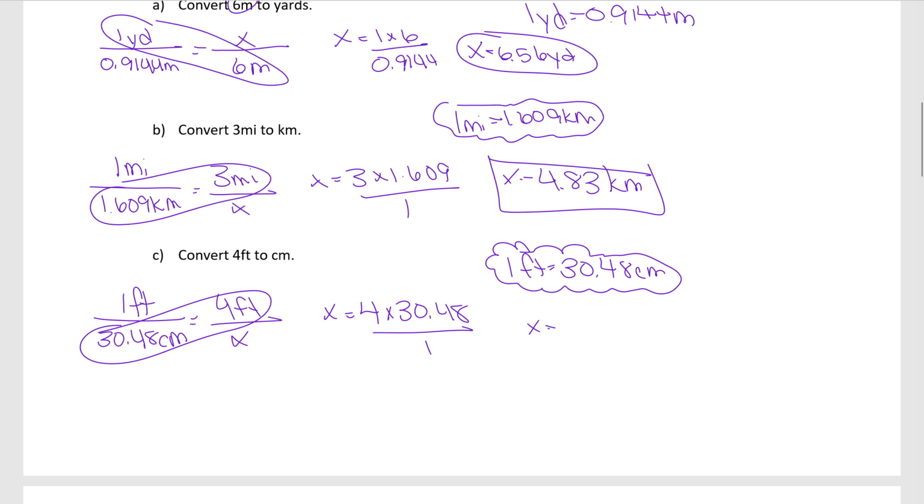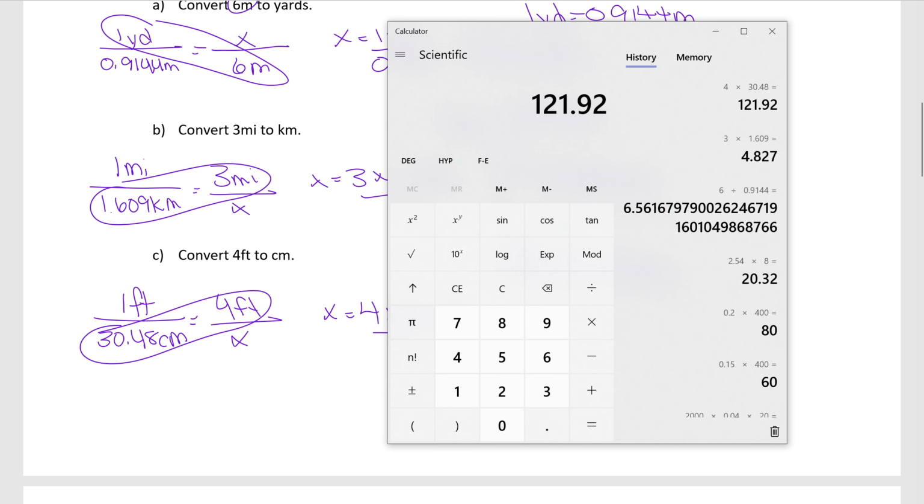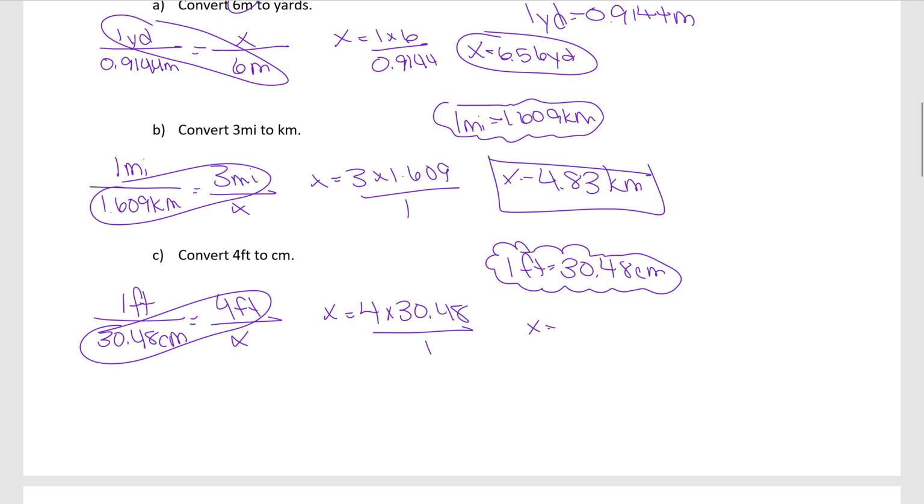Okay, we'll get our calculator. 4 times 30.48, and we get 121.92. So 4 feet is 121.92 centimeters.